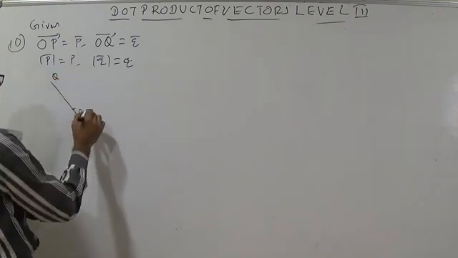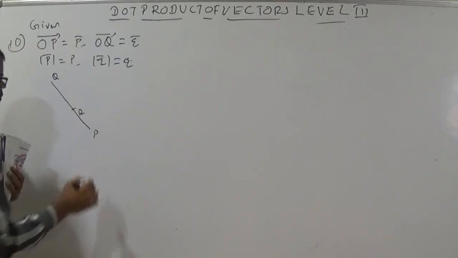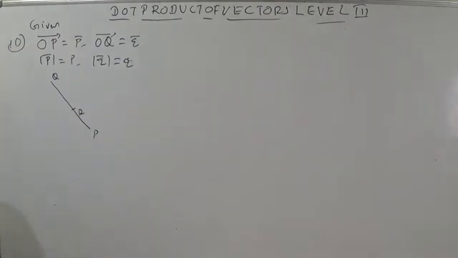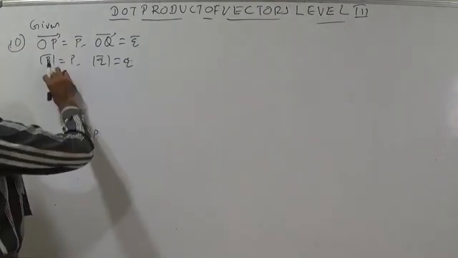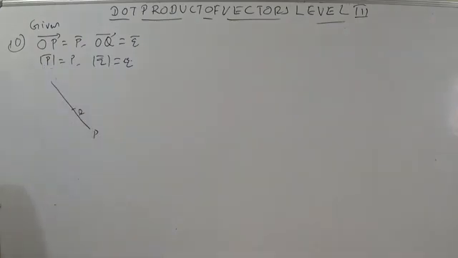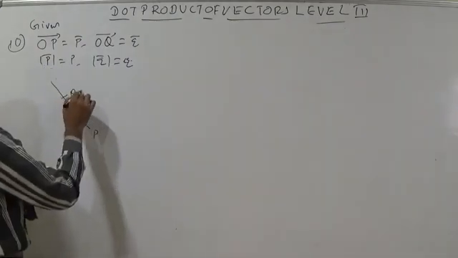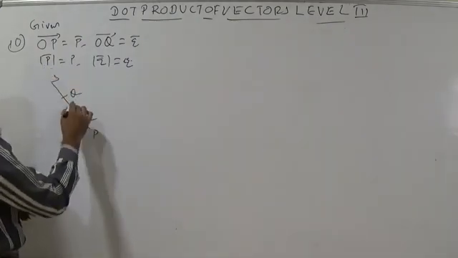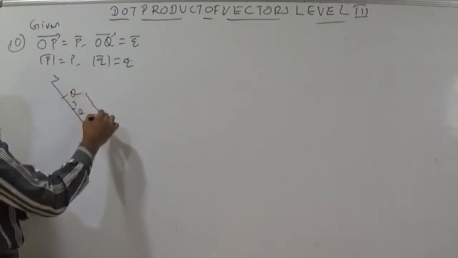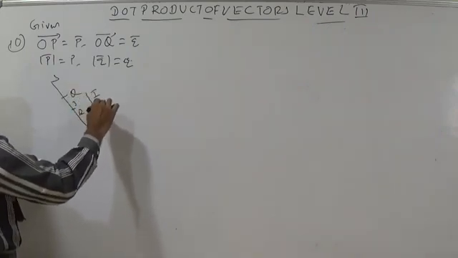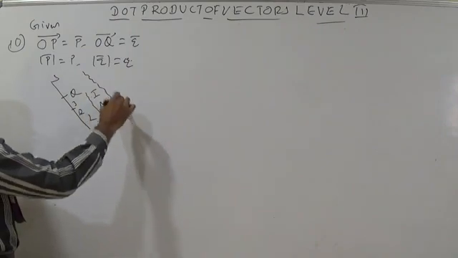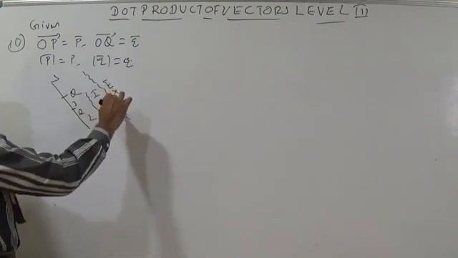Here R is a point dividing PQ in the ratio 2:3, and S is an external point. Put Q here. This is S, this is Q. This is the internal ratio, and this is the external ratio.